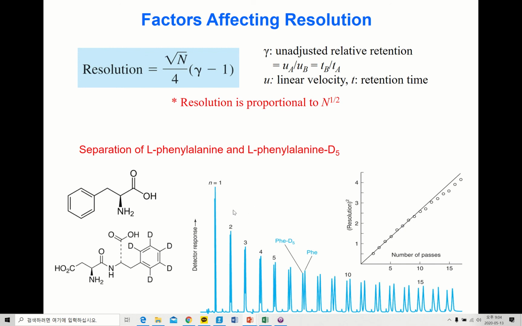This n value is the number of plates, and from this resolution equation, to have a better separation of these two species, you need a very large plate number, which means a very long column.